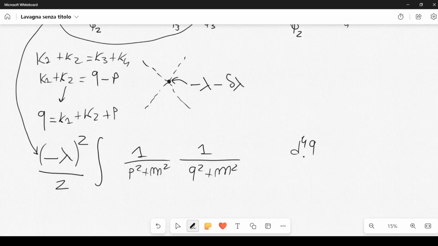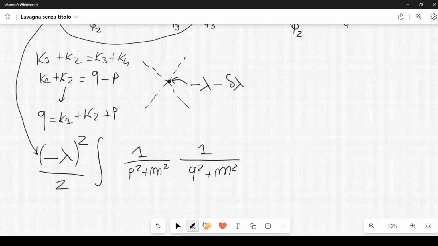d^4q divided by (2π)^4, and d^4p divided by (2π)^4. But remember that q should satisfy this relation. So in principle, here we also have a Dirac delta. But instead of writing the Dirac delta and then integrating it, we can simply substitute in place of q the expression that I have written there.